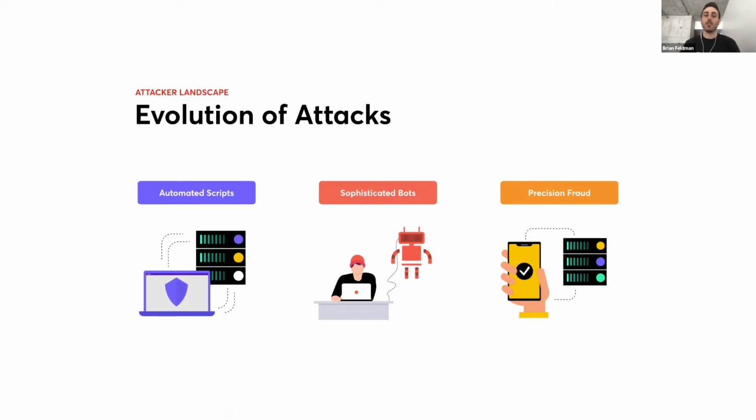A lot of times these automated scripts were coming from an obviously scripted environment. They weren't being run from a browser. They weren't being run from a mobile device. So there were certain differences in the heuristics of a scripted environment versus a more human-like environment, where humans interact with a GUI or with a client.